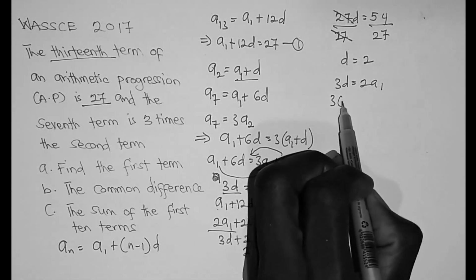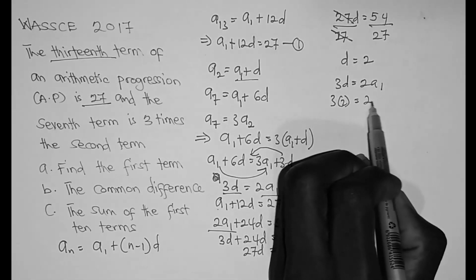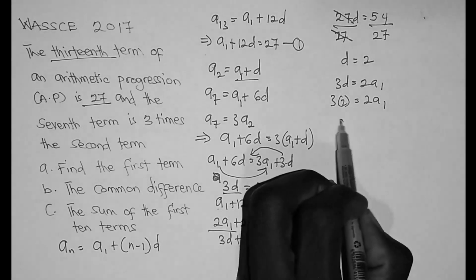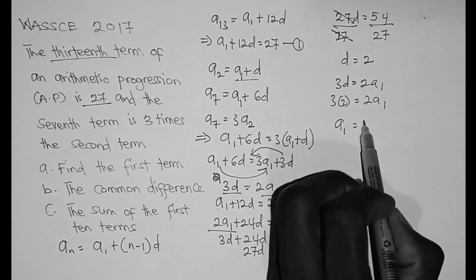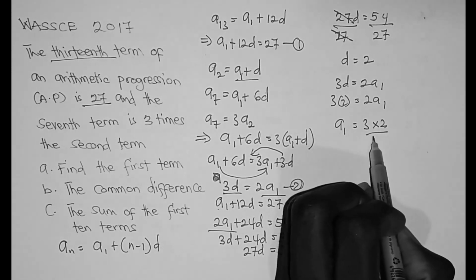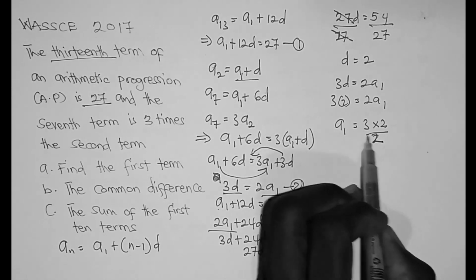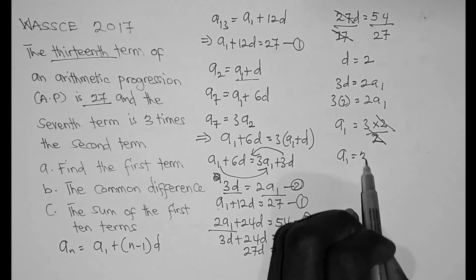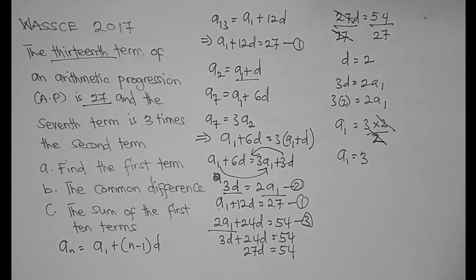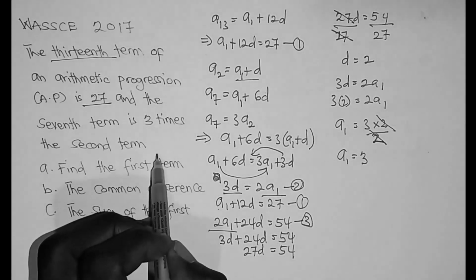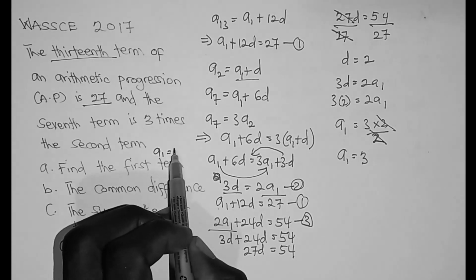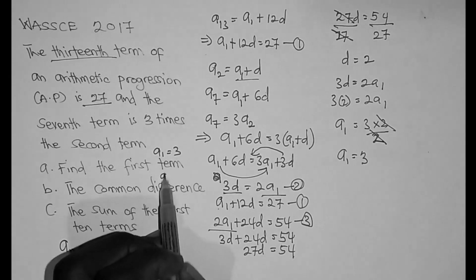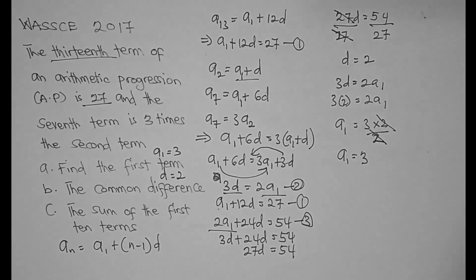So 3 times 2 is equal to 2A1. And therefore A1 is equal to 3 times 2 divided by 2. This 2 and this 2 cancel out, so A1 is equal to 3. So the first term A1 is equal to 3. The common difference d is equal to 2.